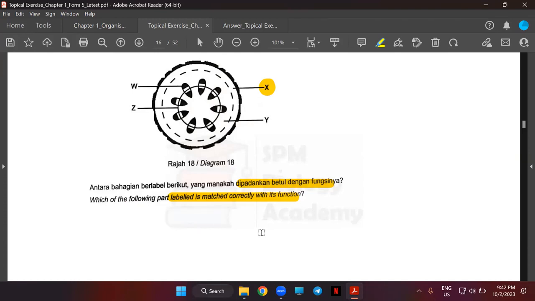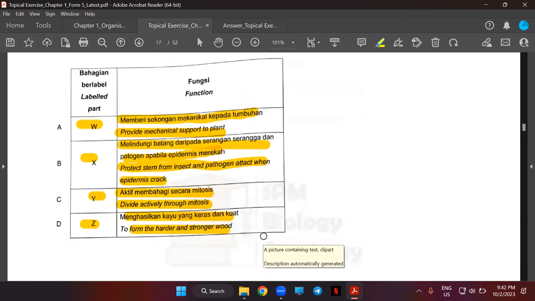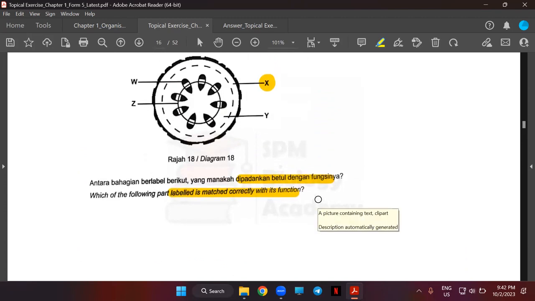Bila Z melakukan mitosis, dia akan menghasilkan secondary xylem. Xylem sekunder. So secondary xylem is the one that forms the hardwood. Ya, betul tu. X salah. Kenapa saya kata salah? Because X ini merujuk kepada cork cambium. Cork cambium duduk di bawah epidermis. X bukan betul-betul di bawah epidermis.